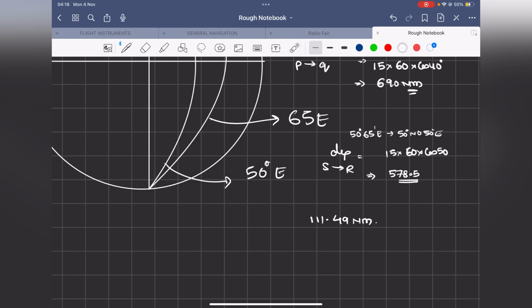Okay, so this is the difference. Who travels longer? A travels longer, right?